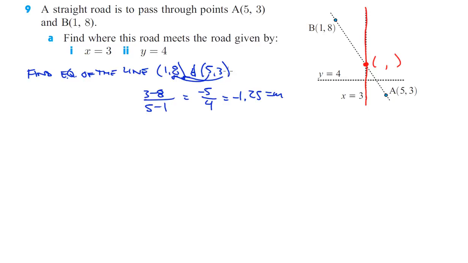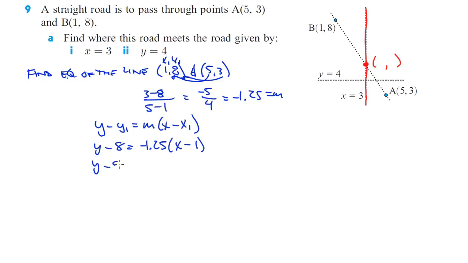I'm going to use that slope and pick one of these 2 points. I'm going to try (1, 8). It doesn't really matter, but to find the equation of the line, we do y minus y1 equals m times x minus x1. I'm going to call this my x1 and this my y1. So y minus 8 equals m, which is negative 1.25, times x minus 1.